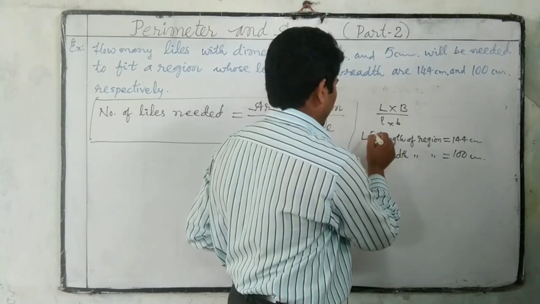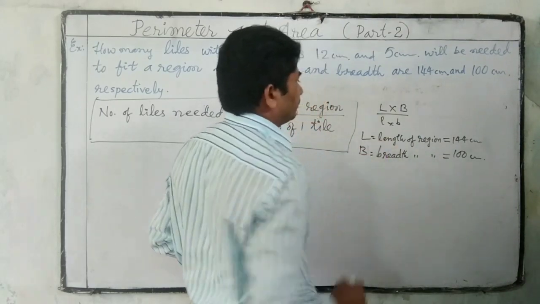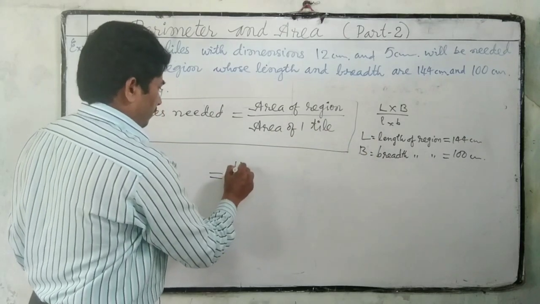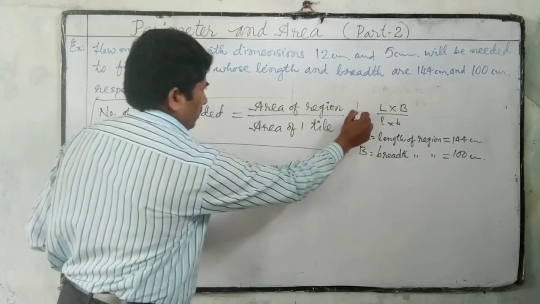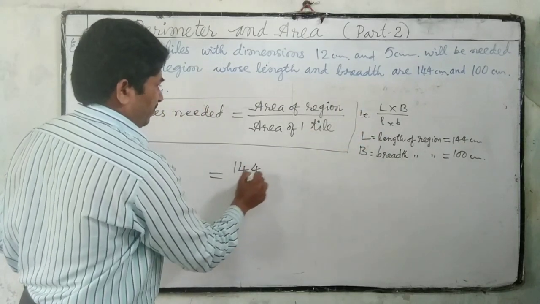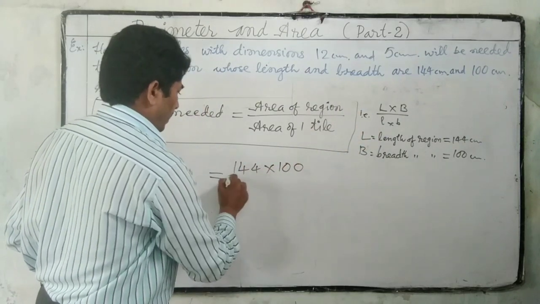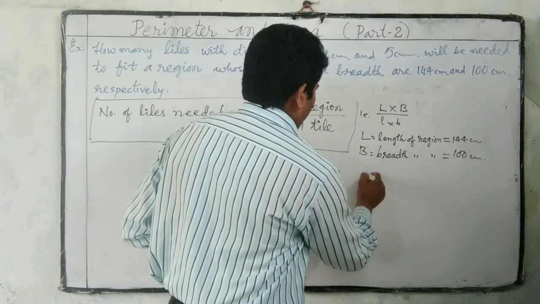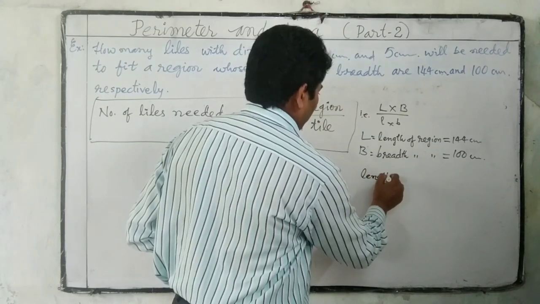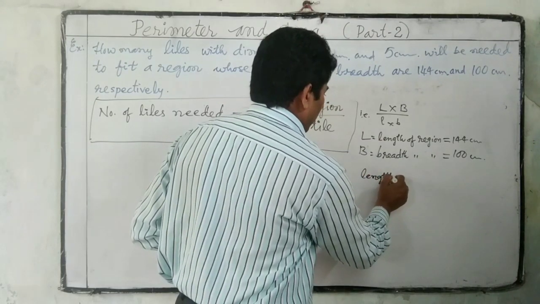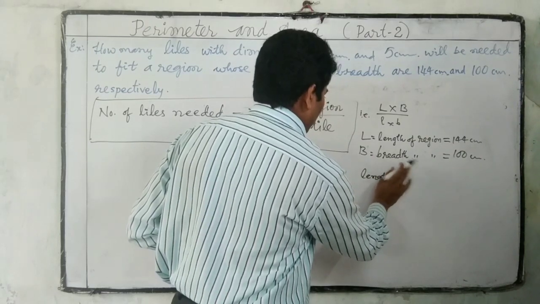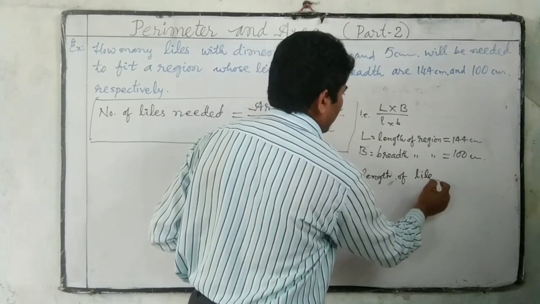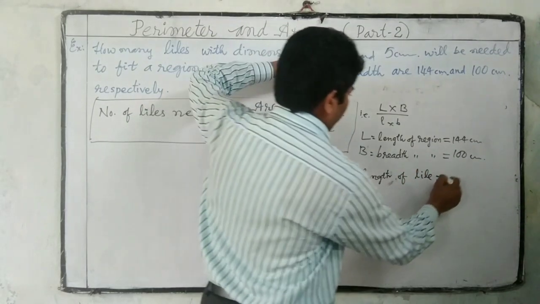This is capital L, this is capital B. 144 into 100 by length of tile is equal to 12 centimeters.